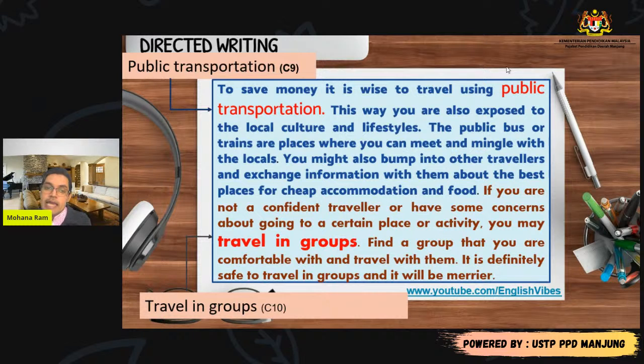For this idea, I have given a lengthier elaboration, a little bit longer for you to digest the information. So that is about public transportation and traveling groups. Now we have already elaborated 10 points.